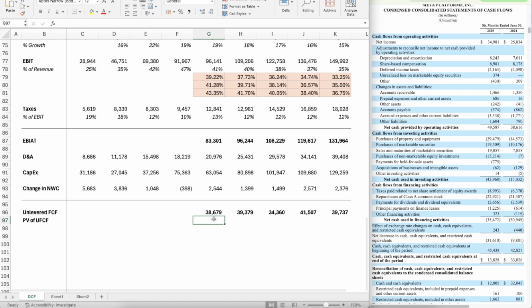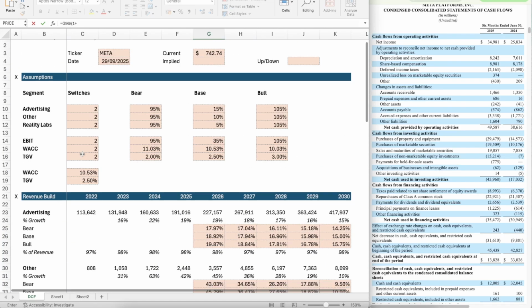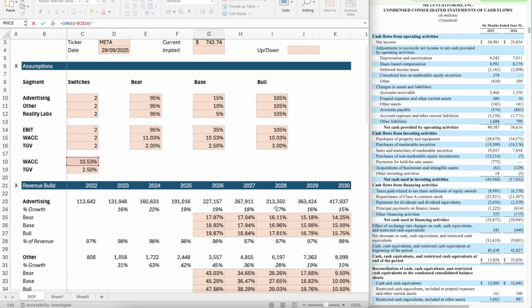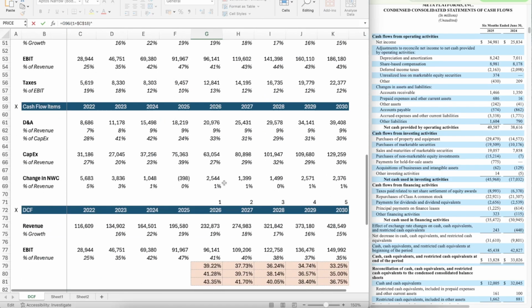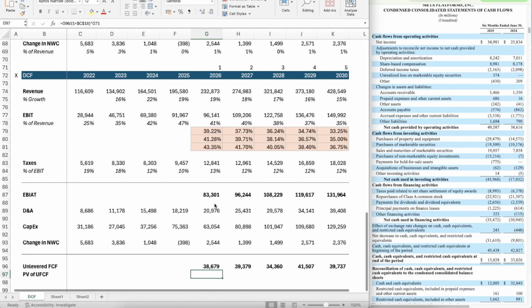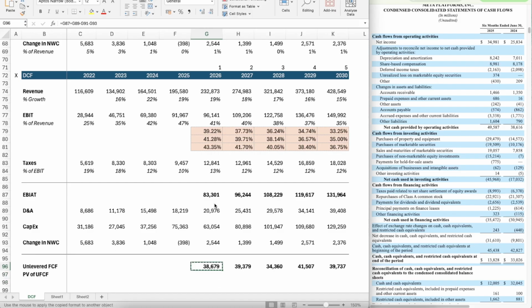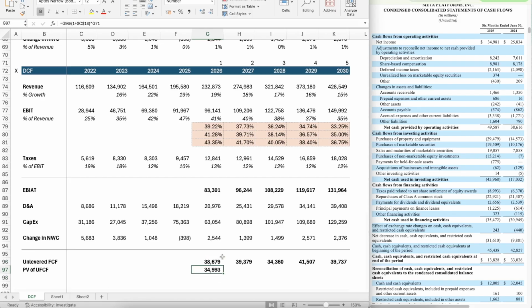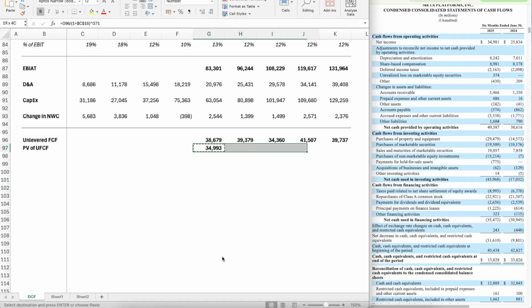The way we calculate the present value of unlevered free cash flow is we go equals, we take the unlevered free cash flow, we divide it by 1 plus the WACC, which we lock in, close brackets, to the power of the year. There we go. Can you see that? Then we just pull it across, and there we have it.